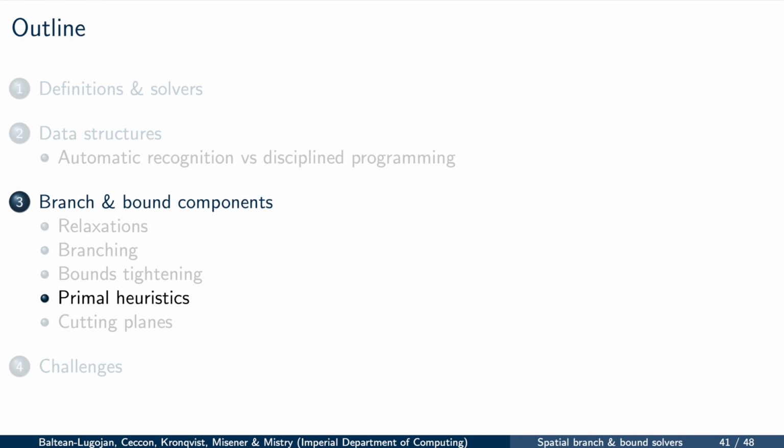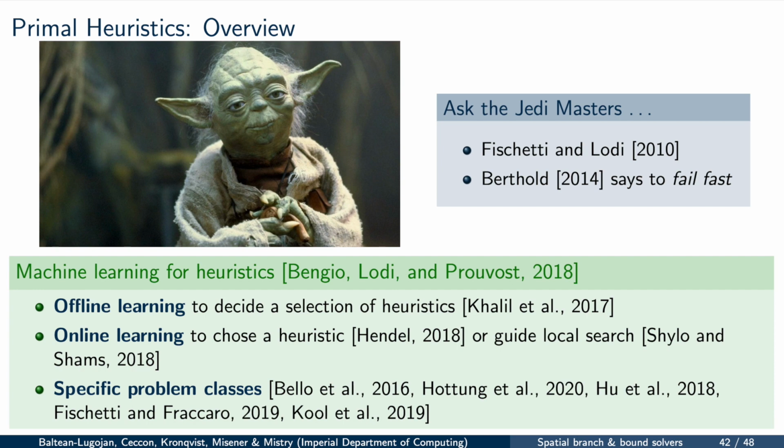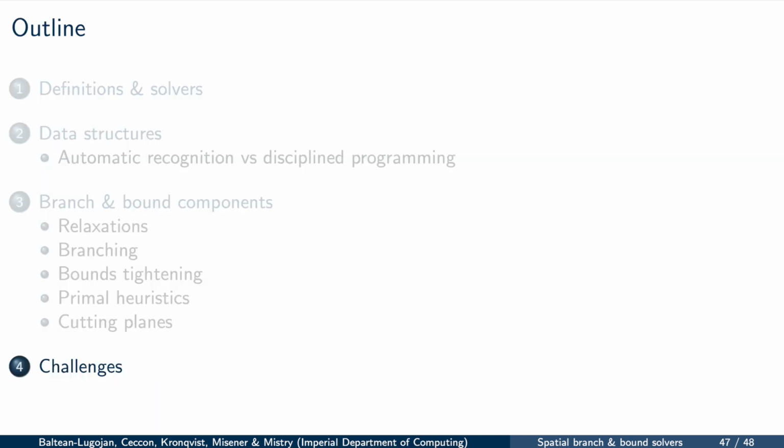Another item that's extremely important to get good solutions early on is primal heuristics. In particular, I recommend two really excellent works if you want to know more about primal heuristics. What I have learned from these Jedi Masters is that you ought to fail fast, that's the big idea with primal heuristics.